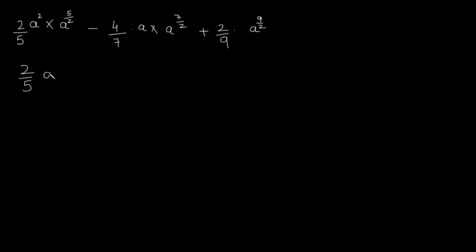Okay, so a raised to 9 by 2 minus 4 upon 7 into a raised to 1 into a raised to 7 by 2. By cross multiplying, we are going to get a raised to 9 by 2. And the third term as it is, 2 upon 9, a raised to 9 by 2.